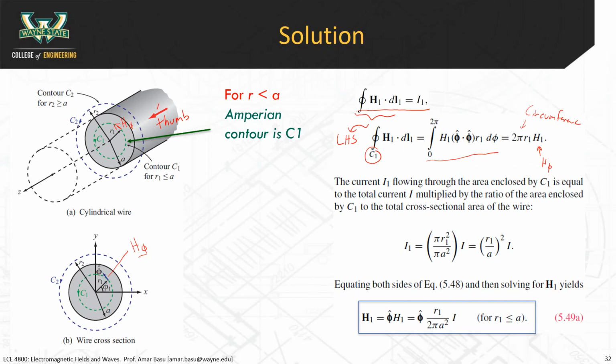Now we're going to do the right-hand side of the equation. How much current is flowing through this green circle, through C1?